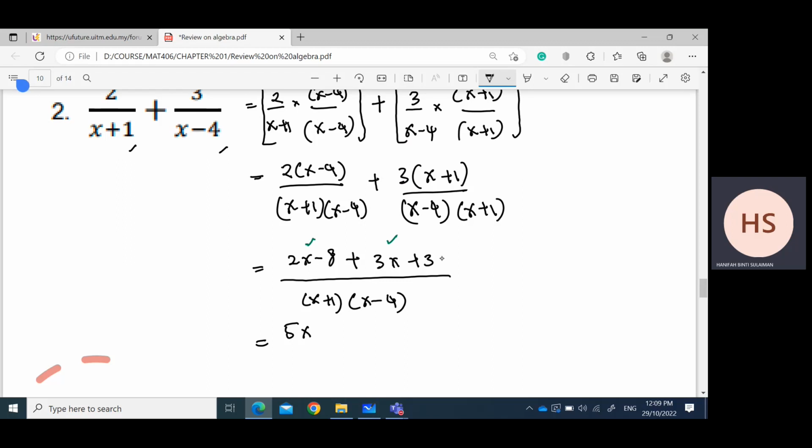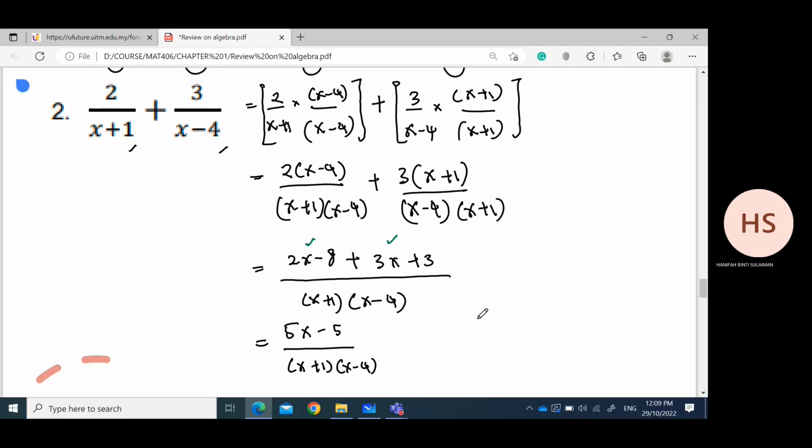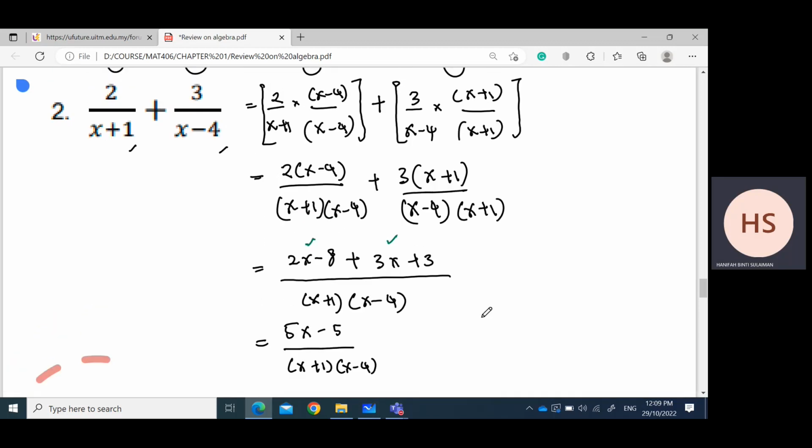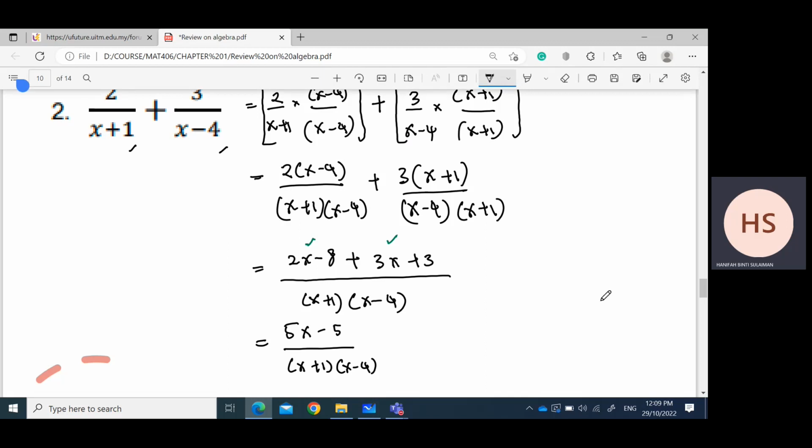Negative 8 plus 3, we have negative 5. Negative 5 over x plus 1 times x minus 4. Okay, so this is how we solve the problem which involving adding between these two fractions.